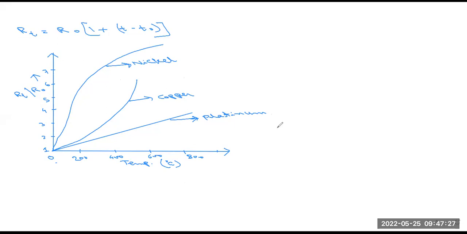So this is basically the graphical structure of the RTD. Please remember these three materials. Here one MCQ question is important: which type of material do you have to use for RTD temperature sensors?